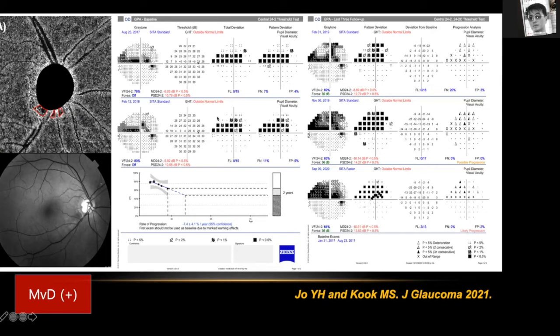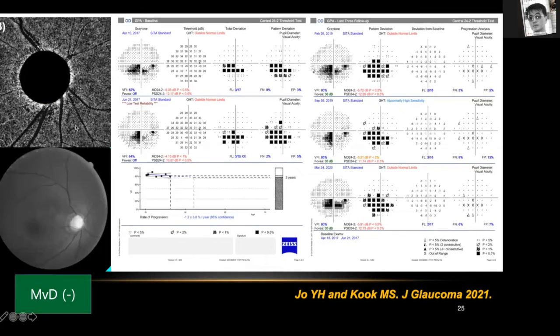Notably, there was fast visual field progression at the central and superior region during follow-up. This is in correspondence with the location of CMVD at initial presentation. In contrast, another patient without noticeable CMVD by OCT-A at initial presentation showed relatively stable visual field status.